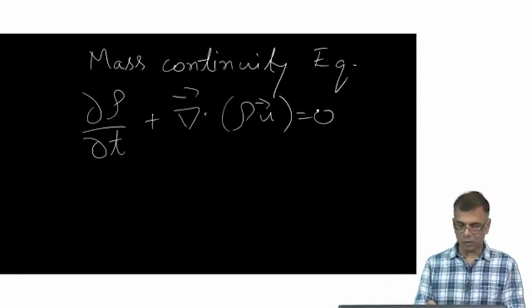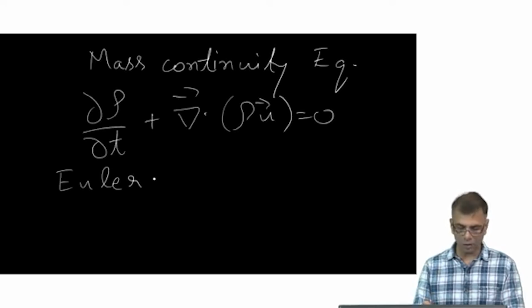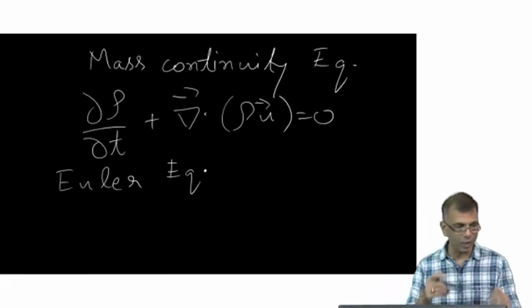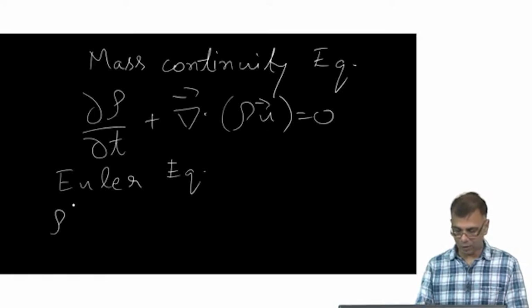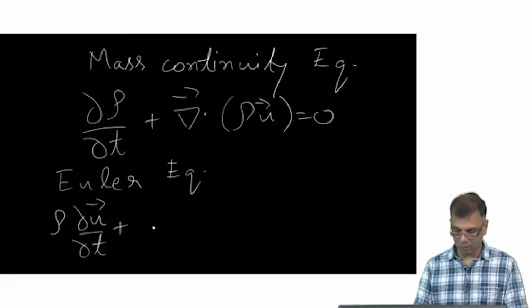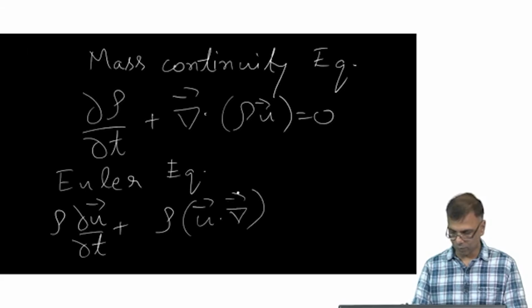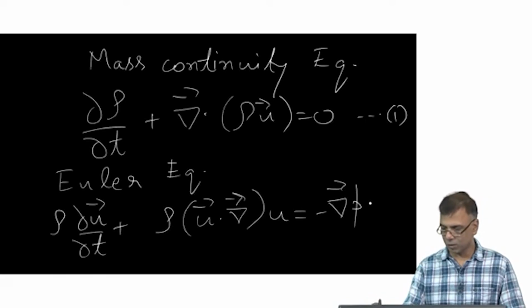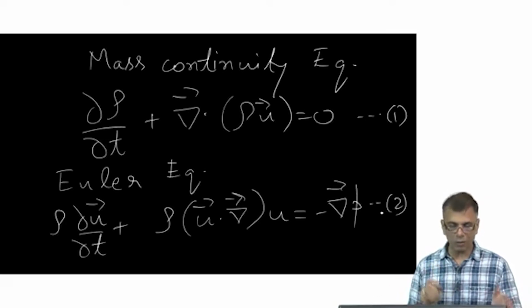And then we also wrote the Euler equation, which is a momentum continuity equation, also written in the Eulerian form, in other words, from the point of view of an observer who's standing in the lab. And that would be this, equal to minus gradient of pressure. These are the two main equations we took.